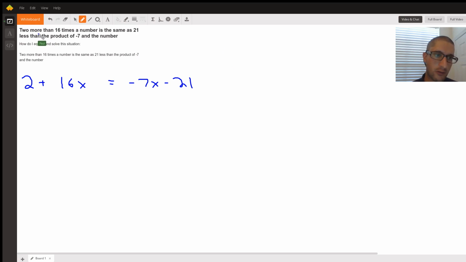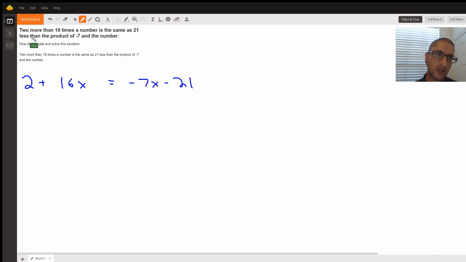Other words that are important are words like more, which will mean add, and less, which will mean minus. Both of those appear in here. In this particular example, they also use the word product, which means multiply. There are several others. We can write them out in a moment here, but let's actually tackle this problem.